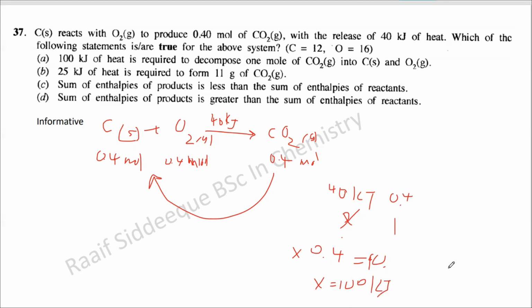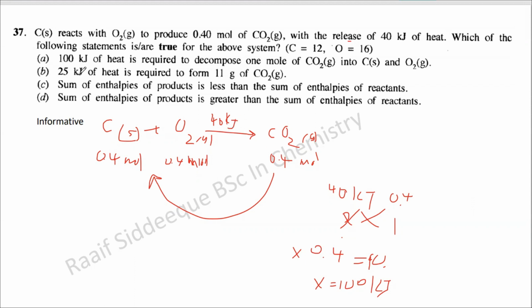This is like mango questions. When 2 mangoes are equal to 10 rupees, what is the price of 10 mangoes? You do the cross multiplication. In the same way, when carbon and oxygen combine, 40 kilojoule is released. So what is the reverse? When carbon dioxide gets decomposed, 40 kilojoule is going to be absorbed.